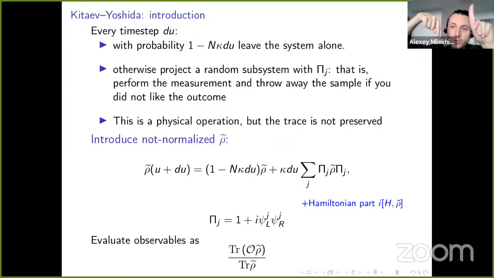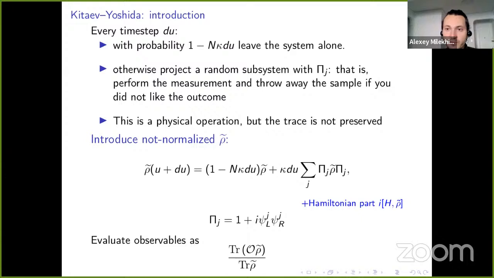And you have no control of what the outcome is. If you have many samples, you can only measure the probability of each outcome. And here you need what is called post-selection. You perform a measurement and you only keep the outcome you like.